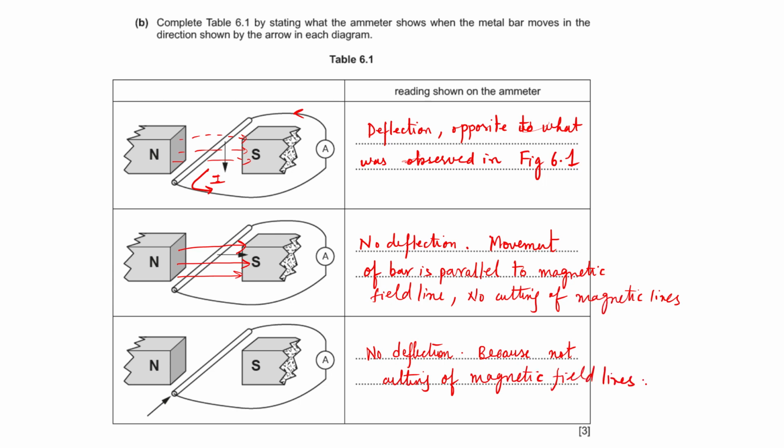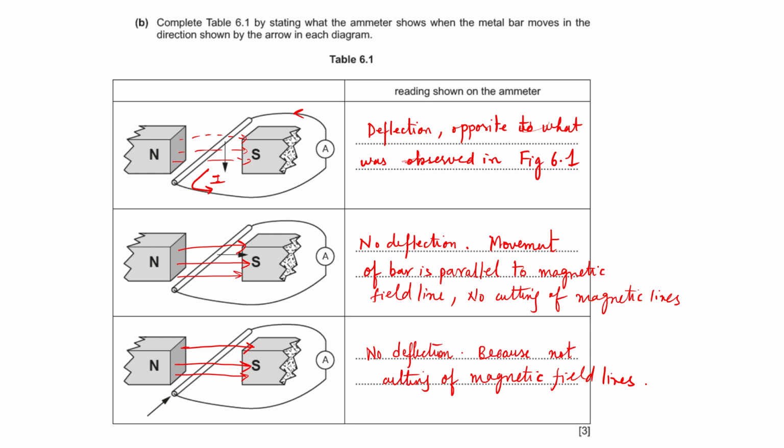Simply the movement produces no flux change, no cutting of magnetic field lines. So the answer will be no deflection. The two of these cases will not show any deflection on the ammeter, whereas one case will show deflection opposite to what was observed in figure 6.1.